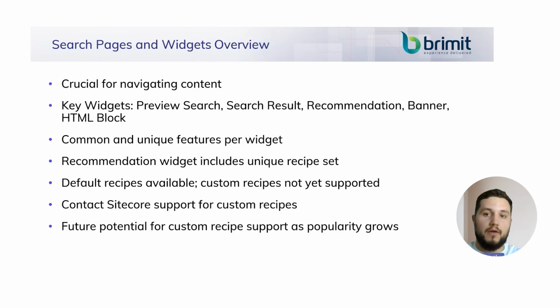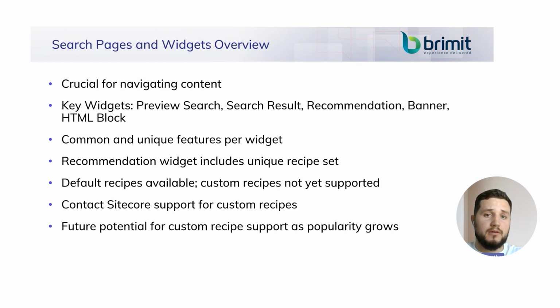Additionally, if you are using personalization, you can apply a filter based on personalization data, such as showing content only to users from the Italy region. Sitecore Search has created powerful widgets that allow you to configure everything without needing additional code changes.